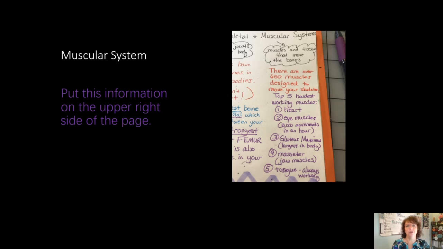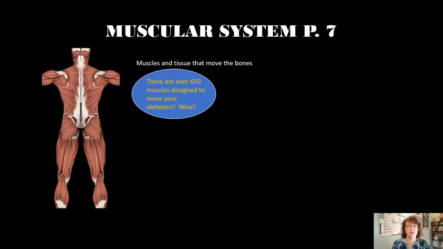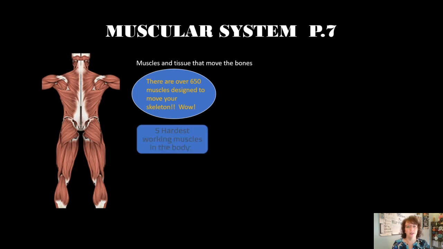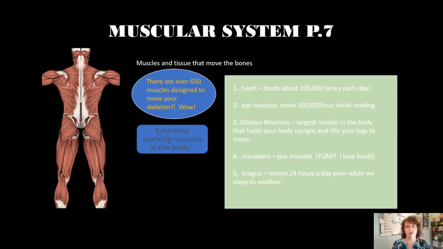That brings us to the upper right side of the page, which is your muscular system: muscles and tissues that move the bones. There are more than 650 muscles designed to move your skeleton. Then it starts to show you some details; I've given you lots of details. This one is a little bit hard to read.